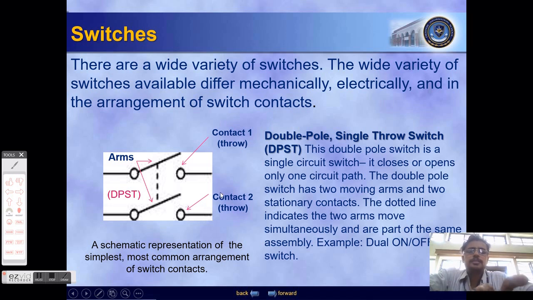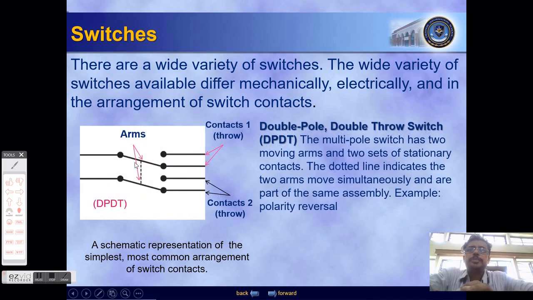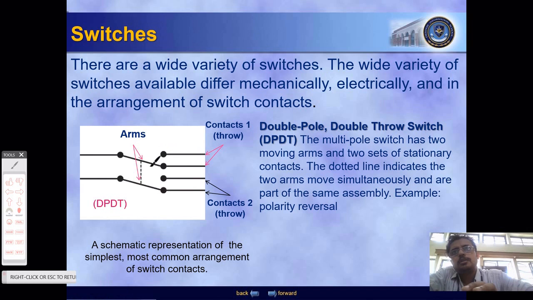Next, let's see the next type of switch. This is the DPDT switch, double pole and double throw switch. Why is it double pole? Very simple. We have seen earlier there are two separate branches, that is why double pole, and there are two throws possible. Suppose in this branch, this pair of wires can be switched to either these two, and these two red cables can be switched to these two cables, or we lift it up, then it can be connected to these two.